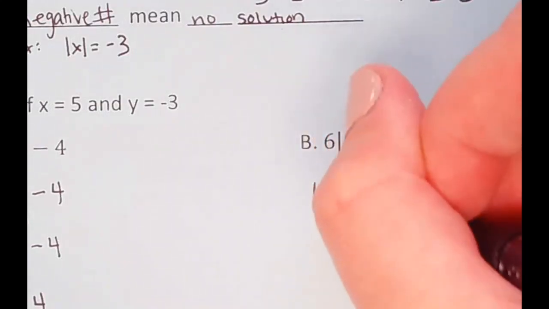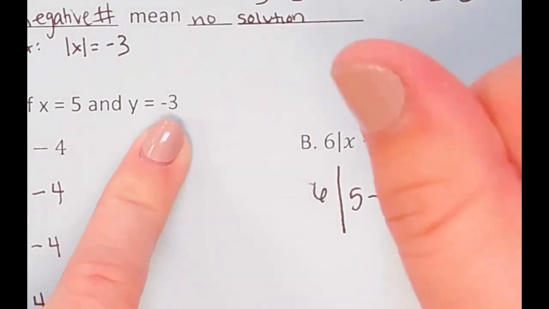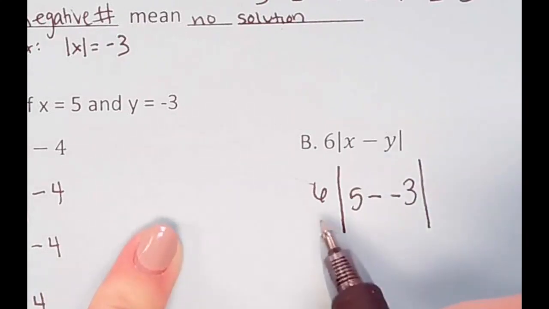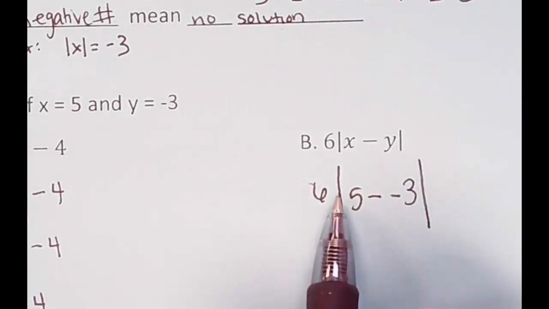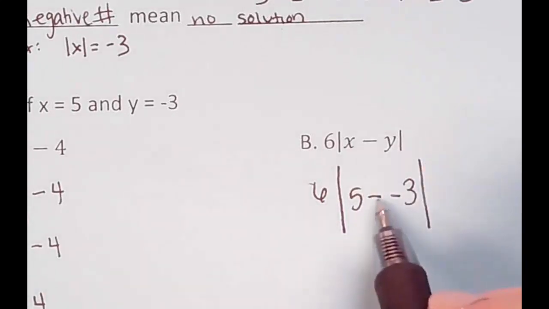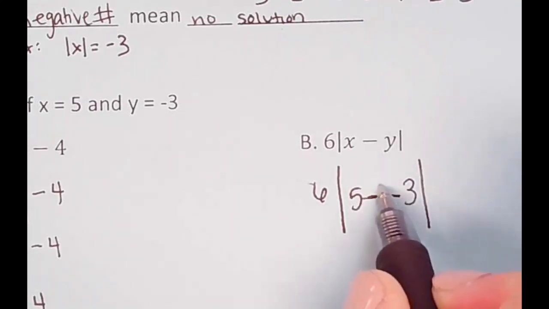Minusing a negative, we can change the sign to addition. So I have 6 absolute value bar, 5 plus 3 is 8. Now 6 times the absolute value of 8. The absolute value of 8 is 8, so it's 6 times 8. 6 times 8 is 48. Final answer.